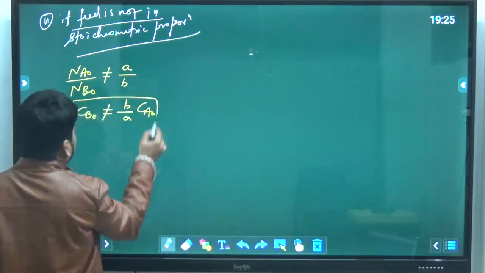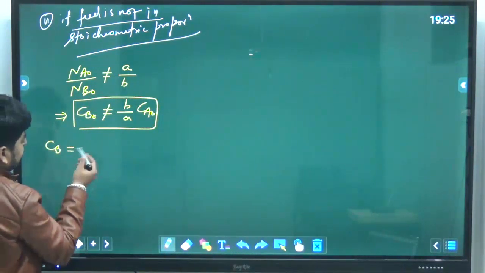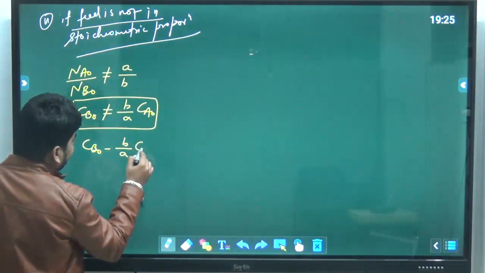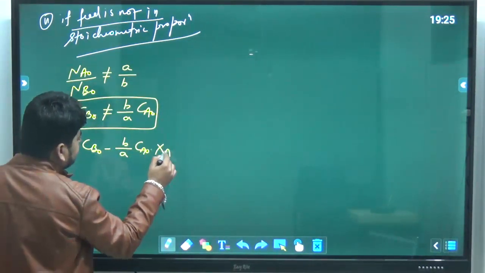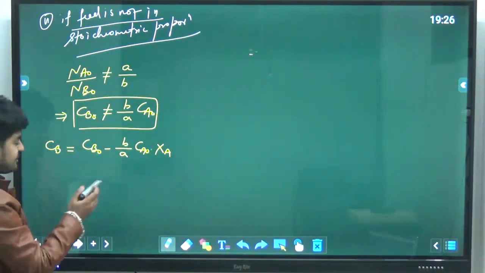Simple. And if this is the thing, then what will be Cb? You know that Cb was Cb0 minus B by A times Ca0 into Xa. I am writing this step directly because I hope you understood how we got this expression.